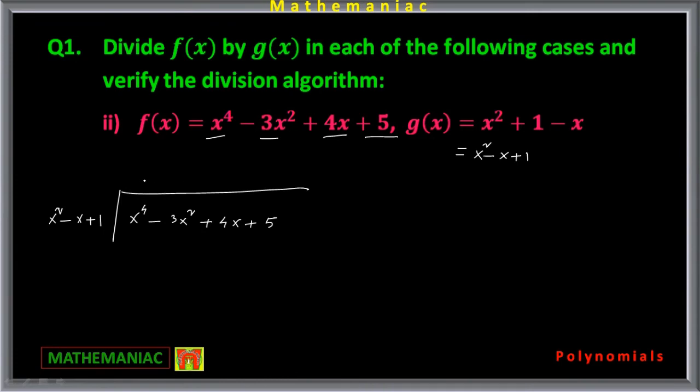Now to start with, I have to look for a polynomial to be put here just above x to the power 4, so that if I multiply with x squared, it gives me x to the power 4. What is that?